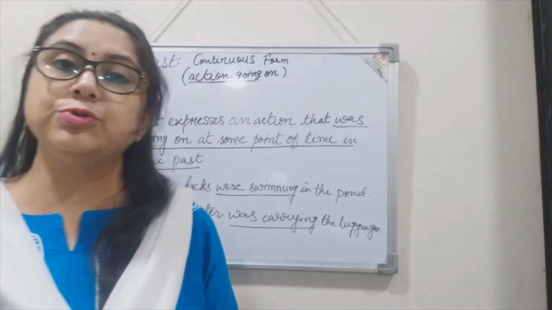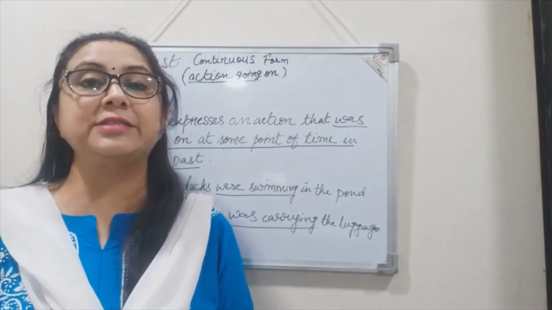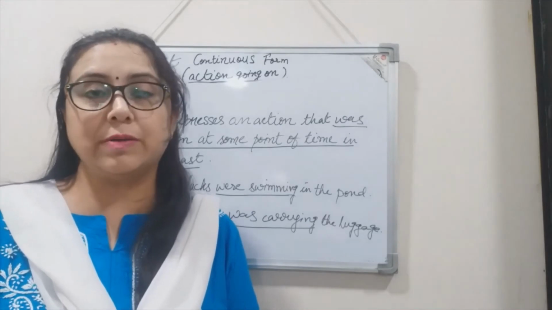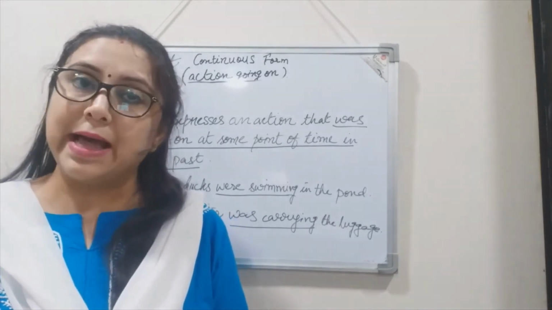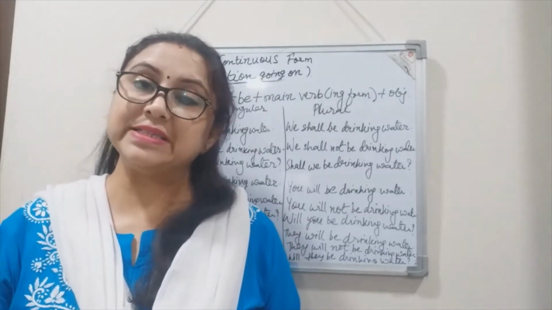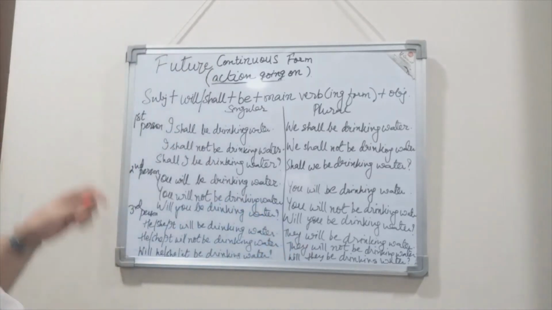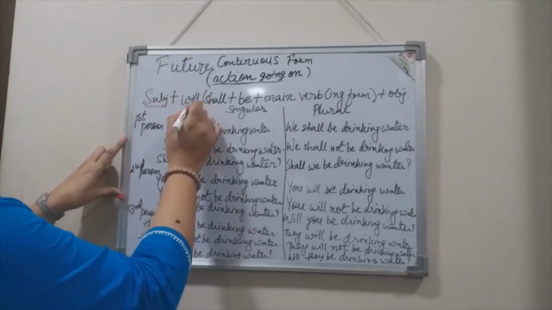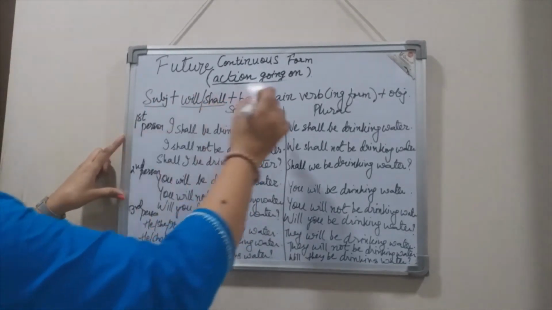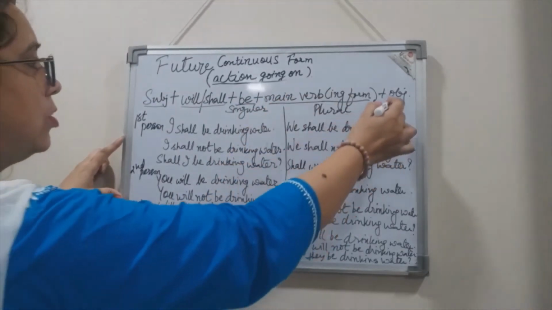Now moving on to the future continuous tense form. Obviously, as the name indicates, future continuous tense indicates the actions going on in the future time. So, let us first see the basic structure of the sentences in future continuous tense. So, the subject, then comes will or shall plus be plus the main verb in ing form and then the object, right?